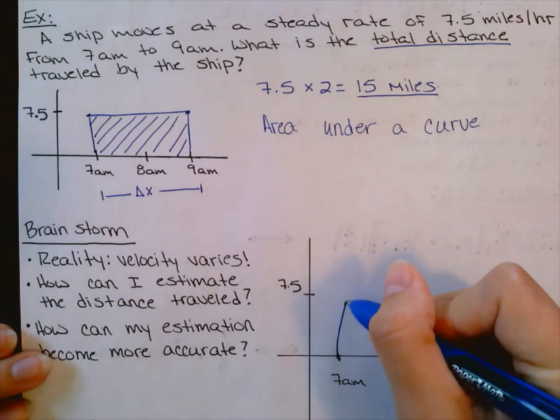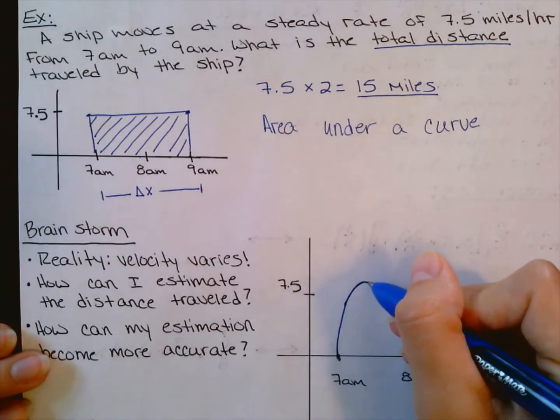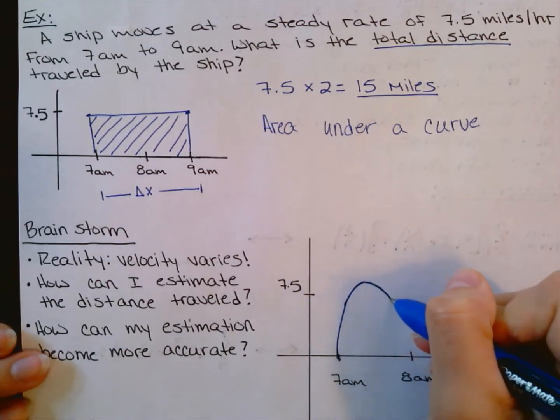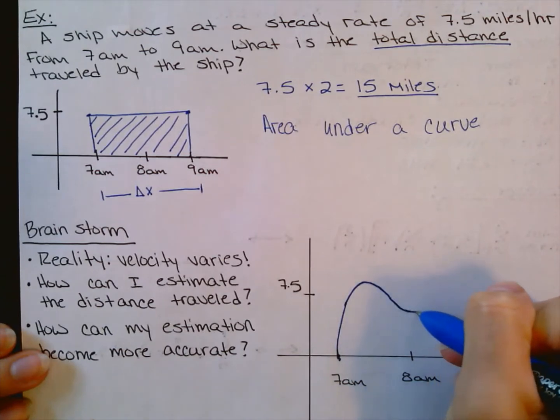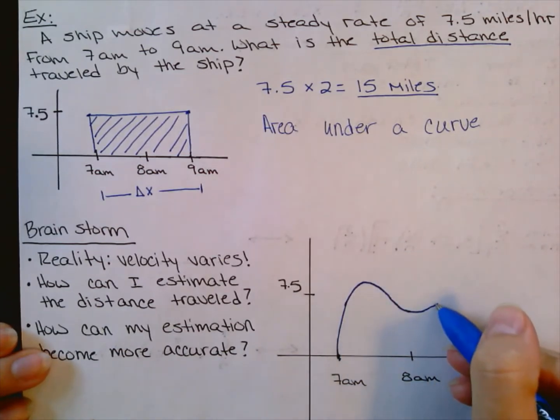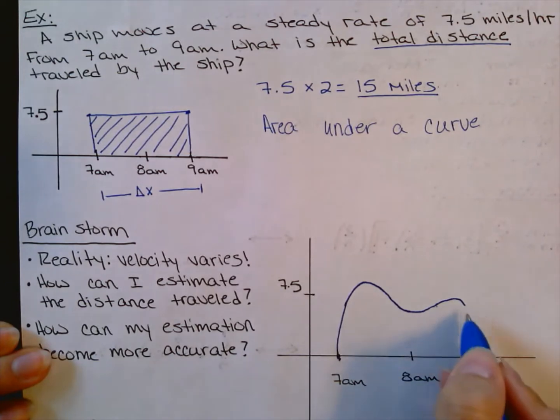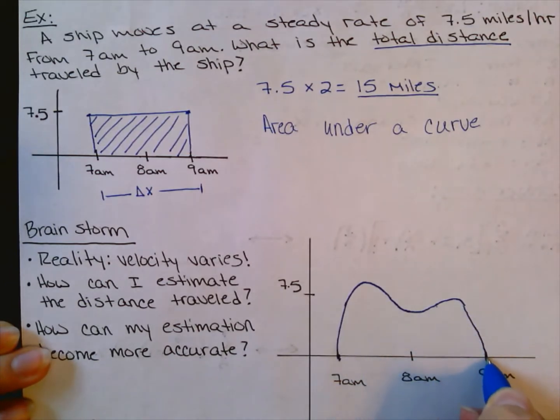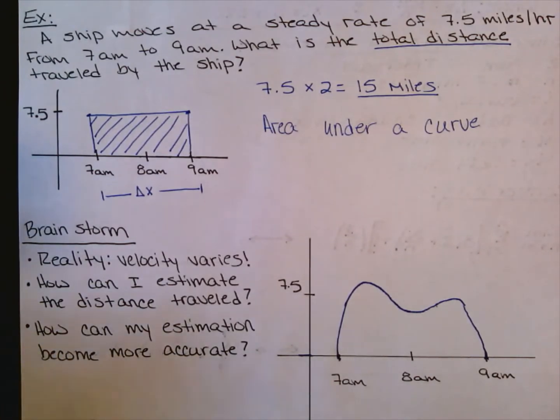And then maybe you speed up to catch the winds, and then you start slowing down, and then maybe you pick up your pace again. You slow down all the way till you get to your destination and you come to a complete stop and you're going 0.